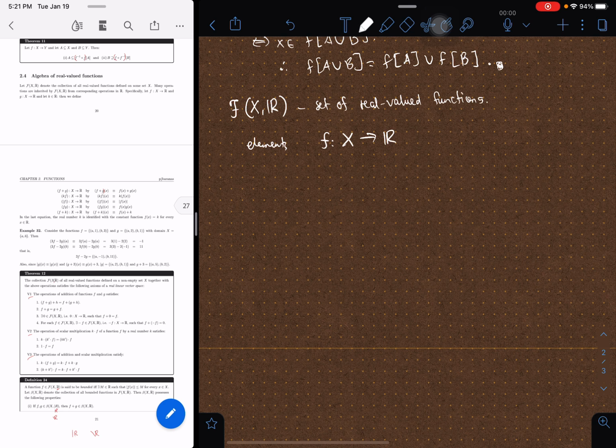Since the images are real numbers, we can operate on them. We have operations involving real numbers.